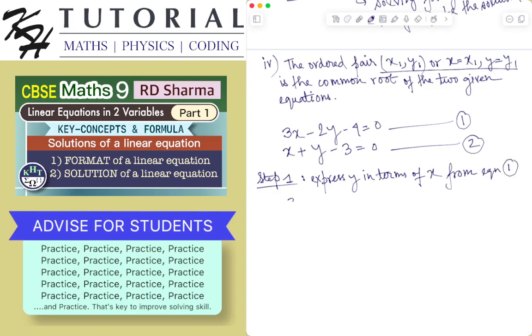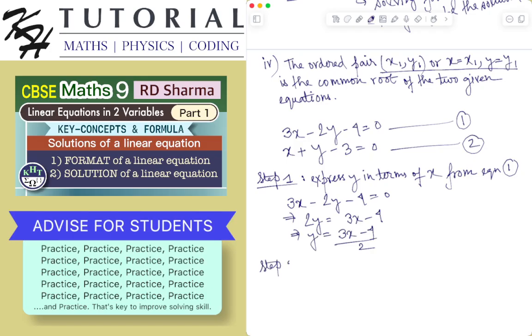So I have the given equation is 3x minus 2y minus 4 is equal to 0. This implies I can say 2y is equal to 3x minus 4. This implies y is equal to (3x minus 4) divided by 2. So I expressed y in terms of x from equation 1.